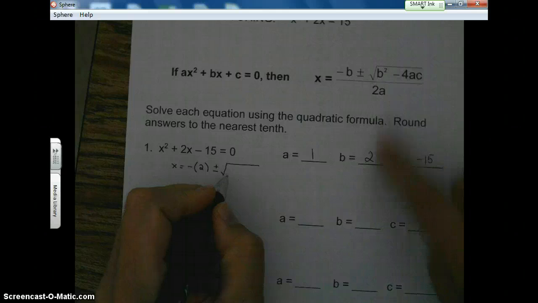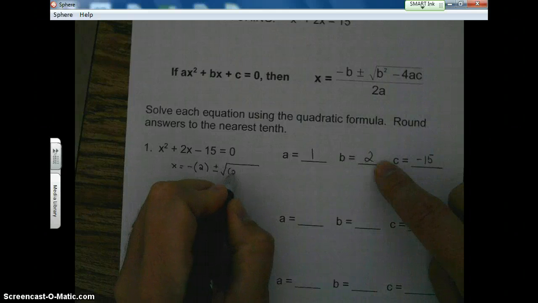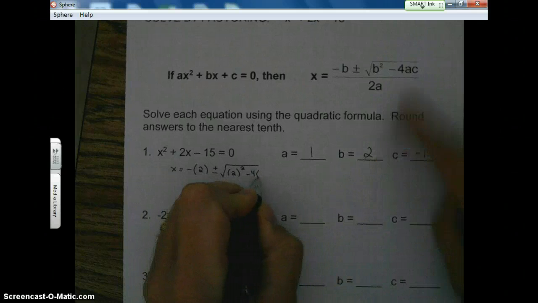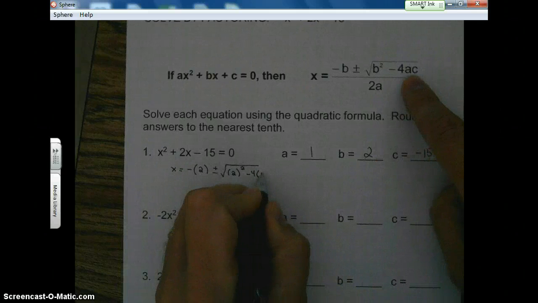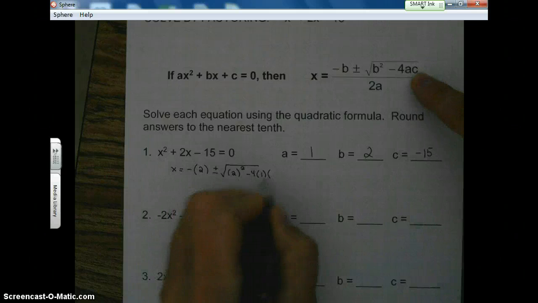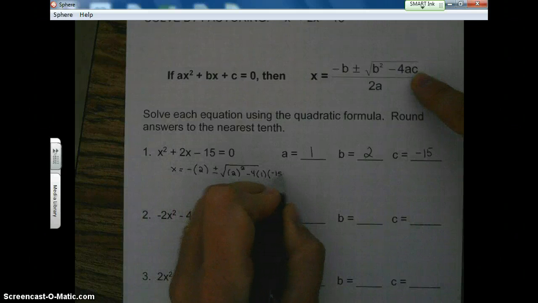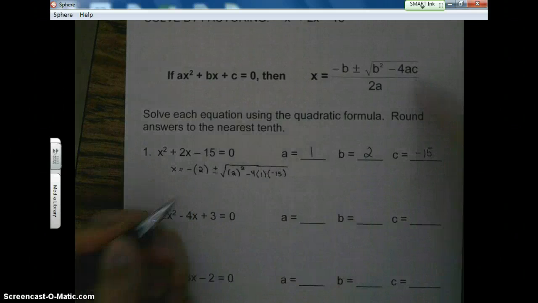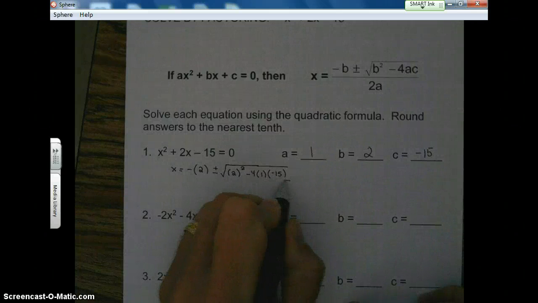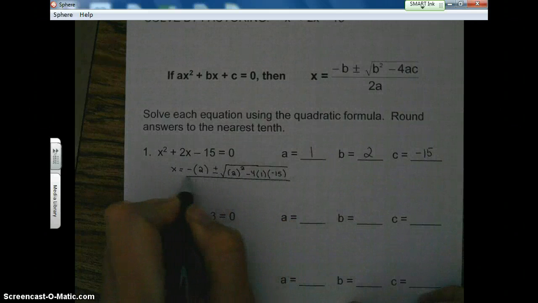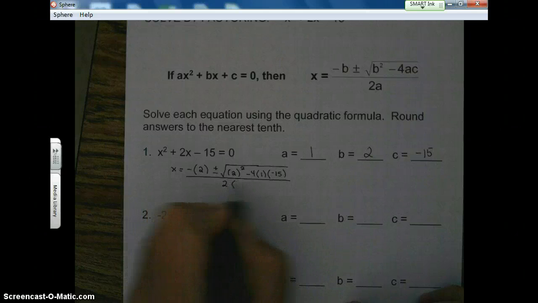Our b value again is 2 squared minus 4 times our a value, which is 1, times our c value, which is negative 15. And then we divide all of that by 2 times a, which is 1.